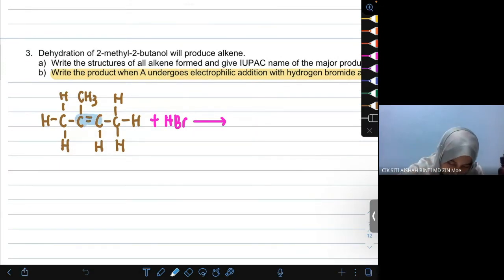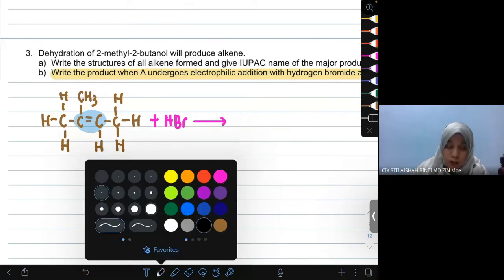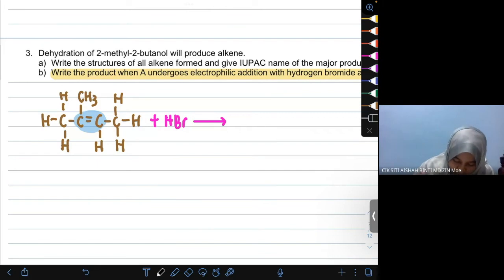Okay. So here is our carbon-carbon double bond. Okay, so sekarang ni, if this structure is not clear enough to you, it's okay. Kita buat yang condense sekejap. So maknanya carbon-carbon double bond kita, here attached to CH3, here it attached to another CH3.